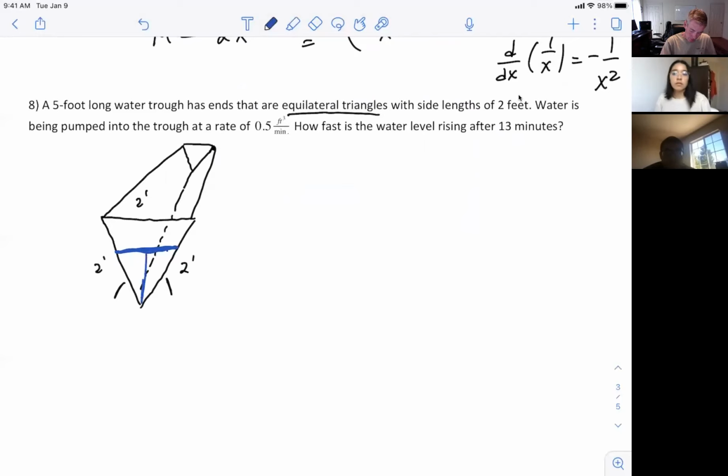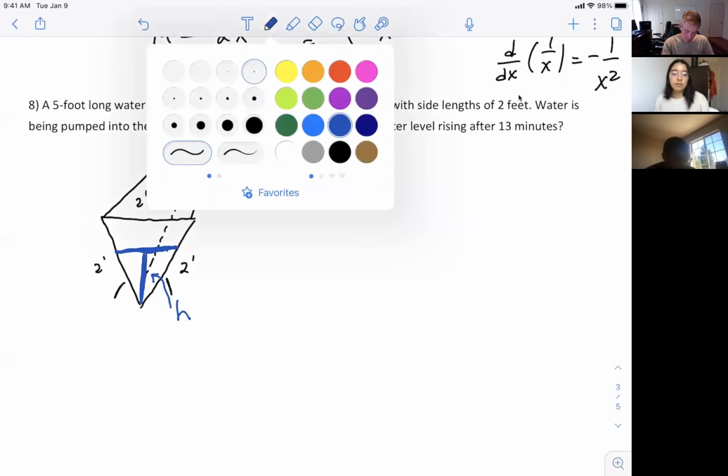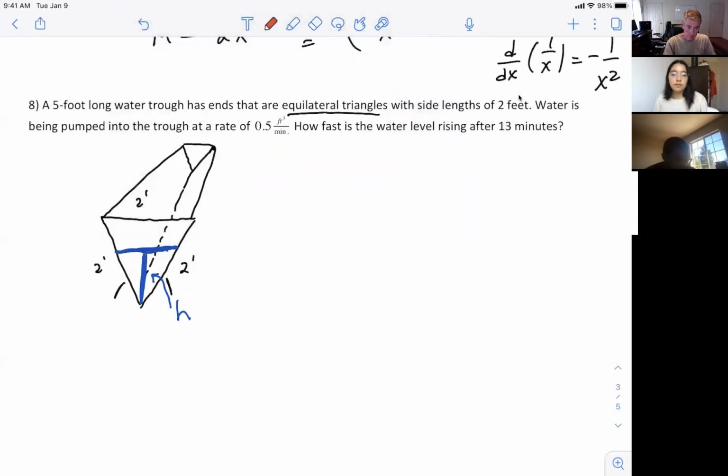So then I'll have to measure from the bottom up to there. And then that's going to be the height h. And then another thing that I don't know that's a variable is if you go from there straight across to the side, how long is that? And since I don't know what that is, it's going to be x.